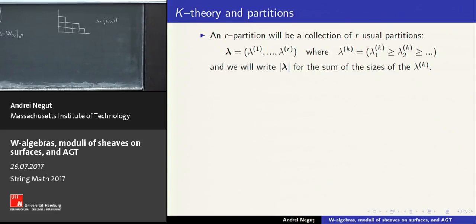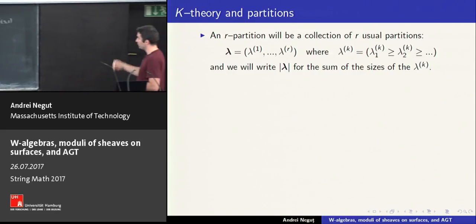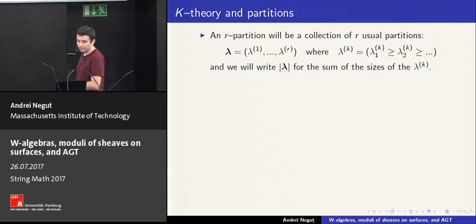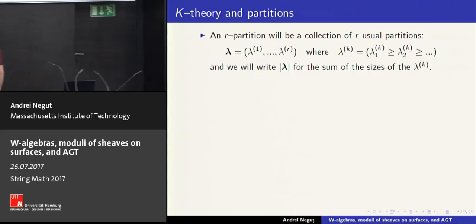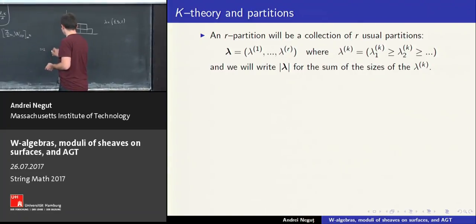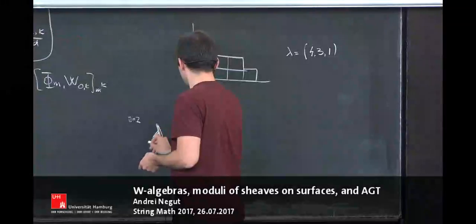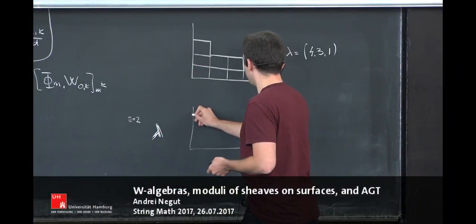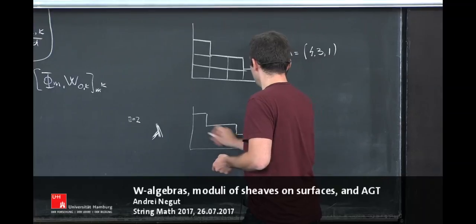So this is how we connect partitions with Young diagrams, meaning stacks of boxes in the plane. Now, an R tuple of partitions, actually, let me show you in the case when R is equal to 2. Here's an R tuple, boldface lambda. So it consists of a partition called lambda 1.